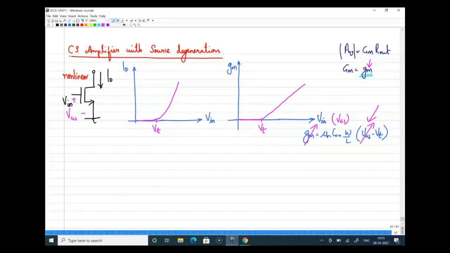So you can see that since your capital GM is exactly equal to small GM, that will definitely reflect in your gain, right? Now, if you want to have lesser dependency of GM on gain, what should we do, or how should we proceed?